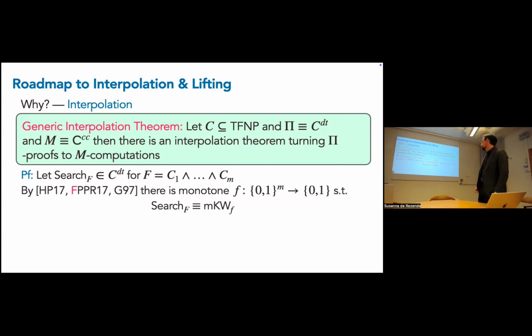and by some earlier results, we know that you can take the false clause search problem and turn it into a partial monotone function, such that a solution to the Karchmer-Wigderson game on this monotone function is a solution to the false clause search problem.